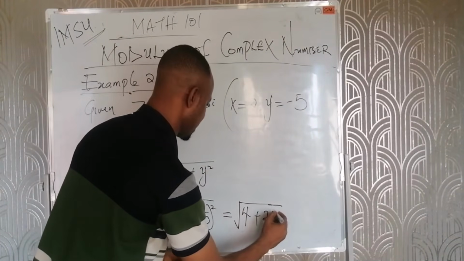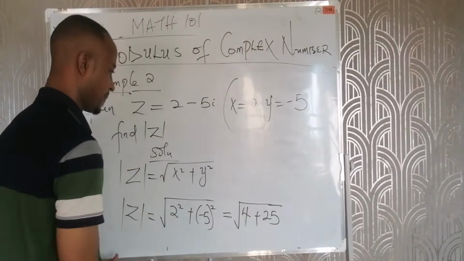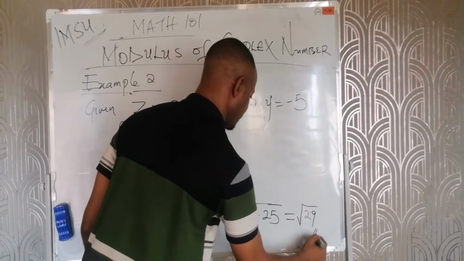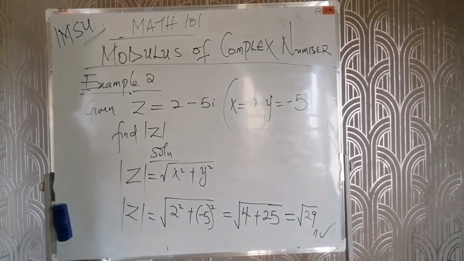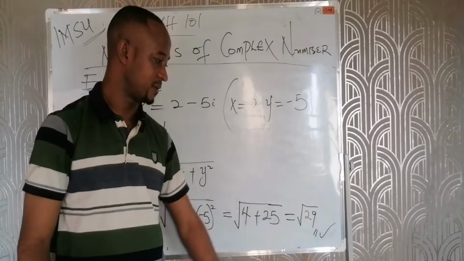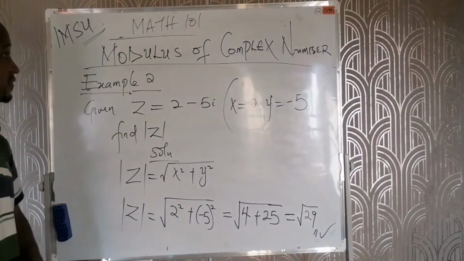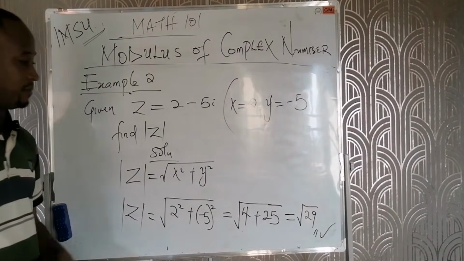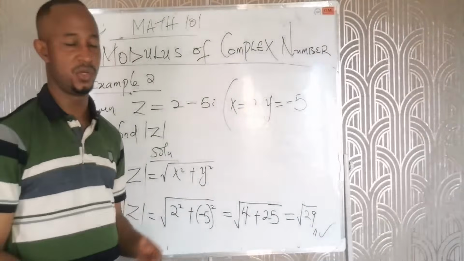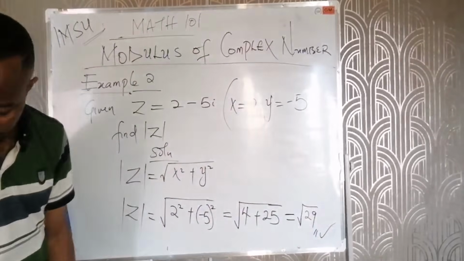Adding 25 plus 4 gives us the square root of 29. 29 cannot be reduced further, so we can stop here. In finding the modulus of a complex number, avoid putting your answer in decimal. Either you have a perfect square or you leave your answer in surd form. All right, very important.